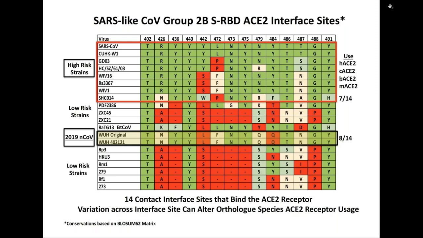SHC014 and all of these strains in the top part of the box can use the human, civet, bat, and mouse ACE2 receptor quite well, even when 7 of 14 of the contact interface residues are different, which is shown in SHC014.